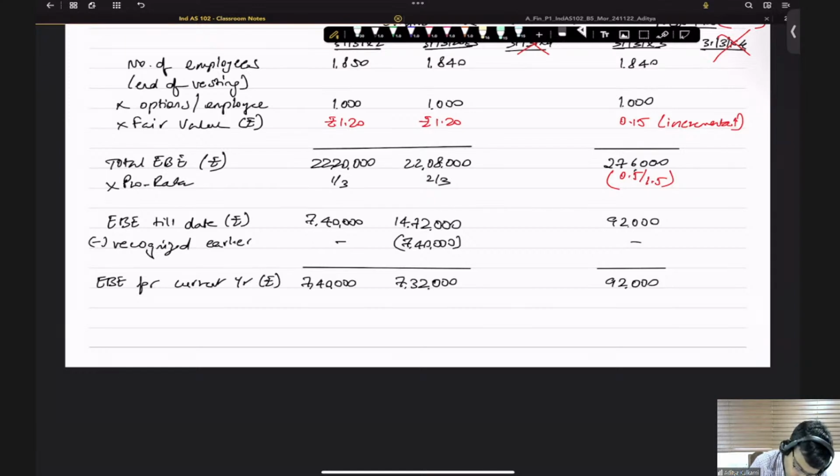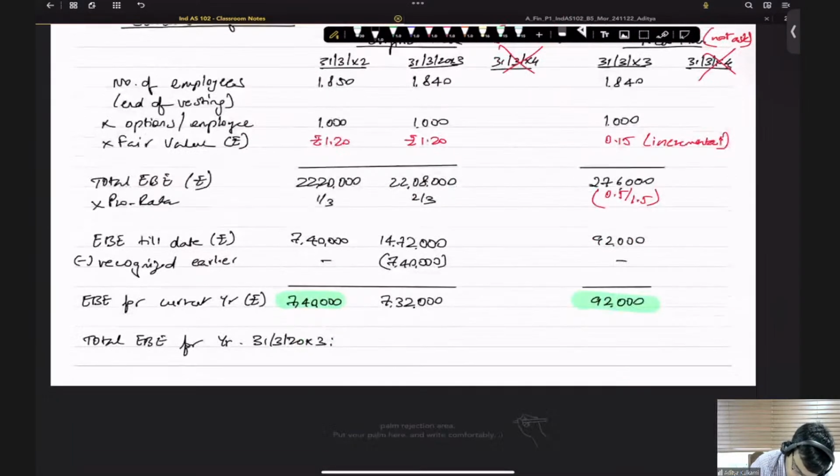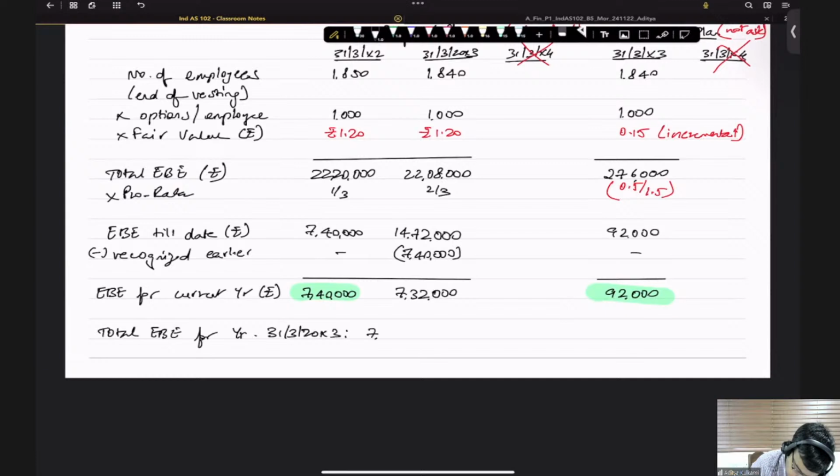Total EBE for the year is 7,40,000 plus 92,000, which is equal to rupees 8,32,000.